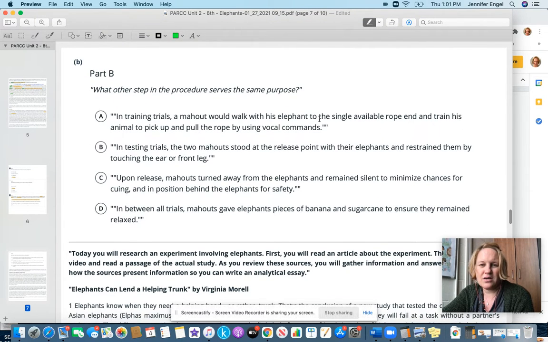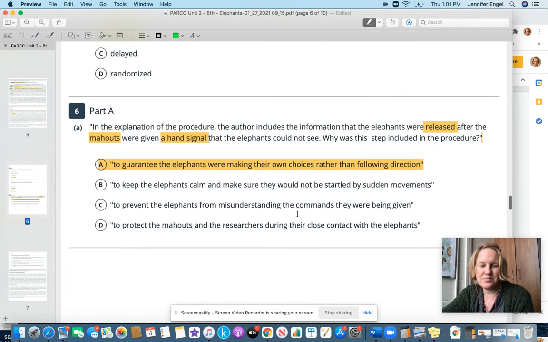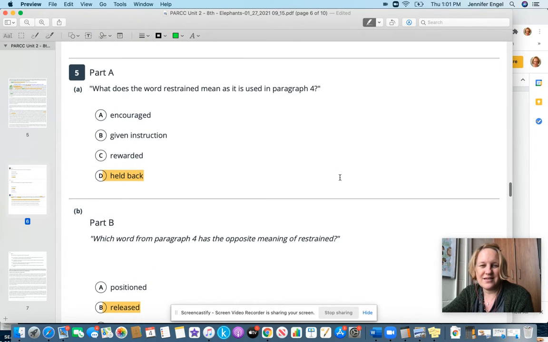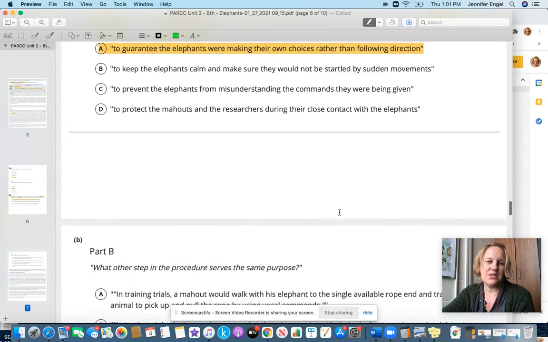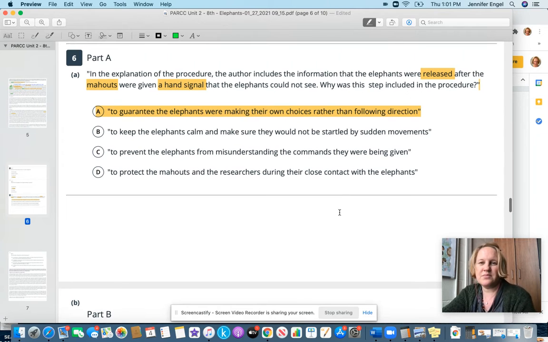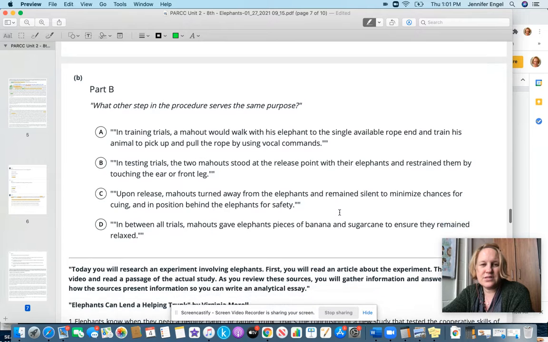The mahout would walk with his elephant to give a signal. They stood at the releasing point. They turned away and remained silent. Well, actually, wasn't that up here? All right. So just looking for some of those similar words, that they were released after the signal.